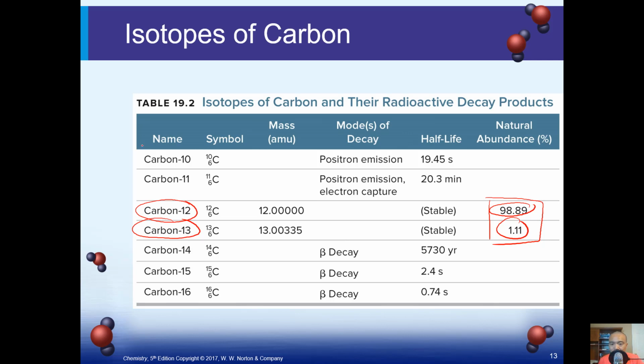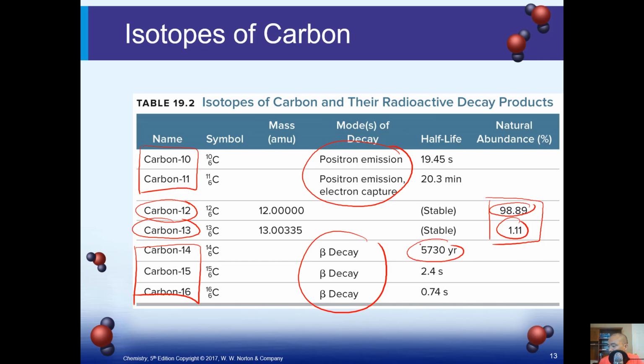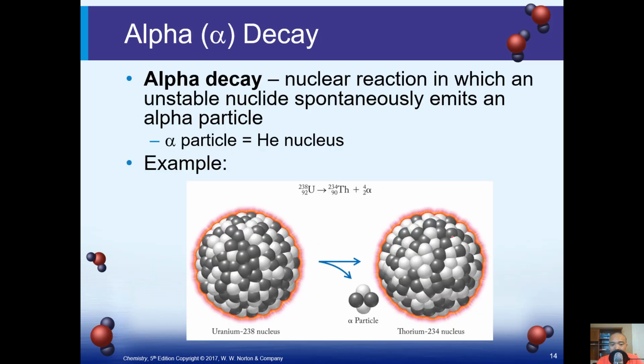The other carbon isotopes are unstable, and they undergo nuclear reactions with different modes of decay, as you see in this table. They have different half-lives, some very long, like carbon-14, and some very short, and we will discuss the kinetics of radioactive decay later on.